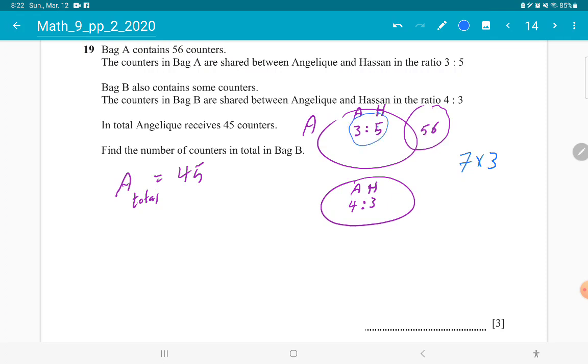I add these, that's 8, and then I divide 56 by 8. This will give me 7. We have 7 chunks inside that bag.